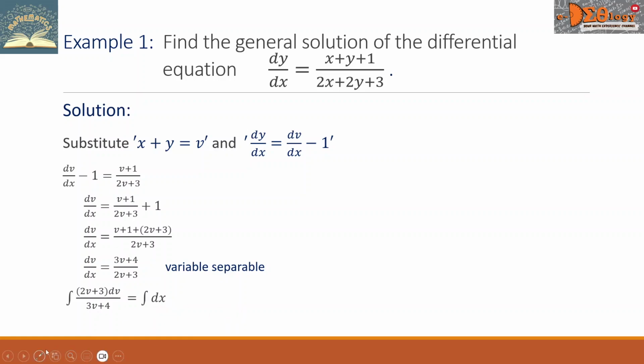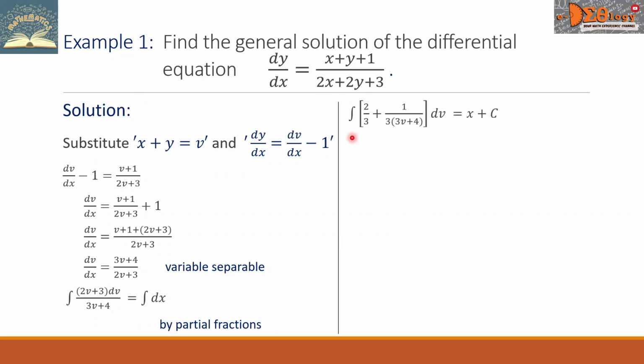And then we will integrate both sides. On the left side, we will apply partial fractions idea. On the right side, it will be easy to take the integral of dx. So the left side now becomes the integral of the quantity 2/3 plus 1 over the quantity 3 times the quantity (3v plus 4) dv.